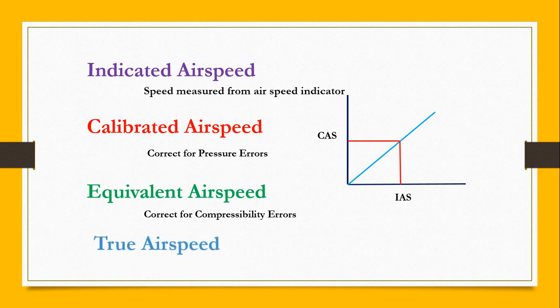And the next one is the true airspeed, which is the important parameter. This is the true speed of an aircraft which is flying at different altitudes. If the indicated airspeed is corrected for air density, we will get the true airspeed. How it is corrected, and how much difference we will get when correcting the pressure errors and density errors, we will see now.